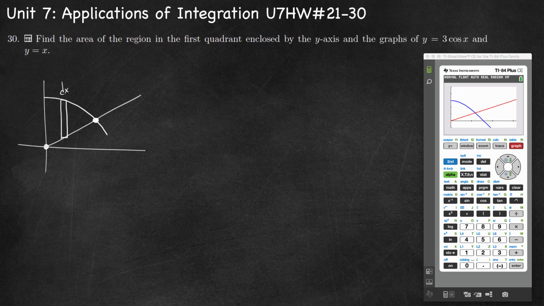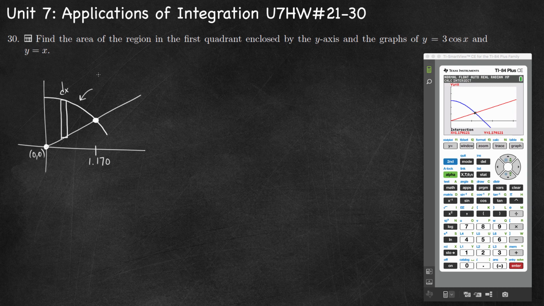Over here it's 0. And we'll do second calc, intersect, enter, enter, enter. And the x coordinate right here is 1.170. I'm not going to need the y coordinate since I'm only doing this one as a dx problem.